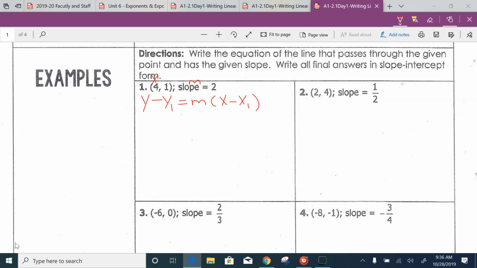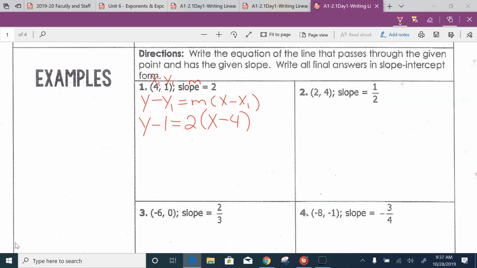We need an x1 value and a y1 value from a given point, and they give us that there already. So the second step now is to substitute in the values. The first y stays y by itself, minus your y value from the point above, 1, equals your slope, 2, parentheses, this x in the parentheses stays plain old x, minus x1 from your point, 4.